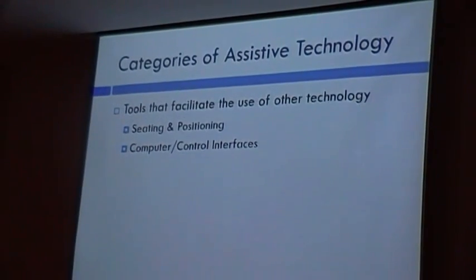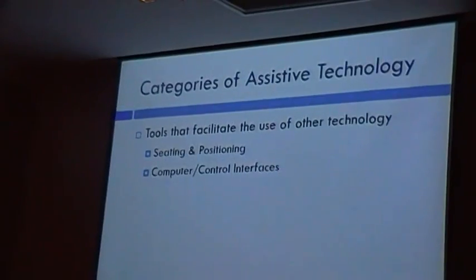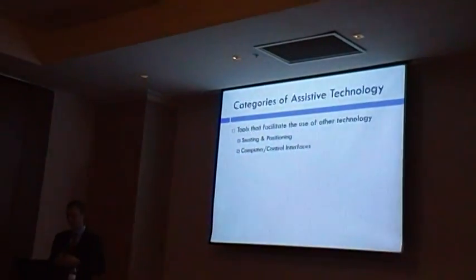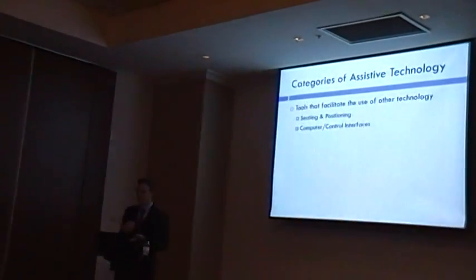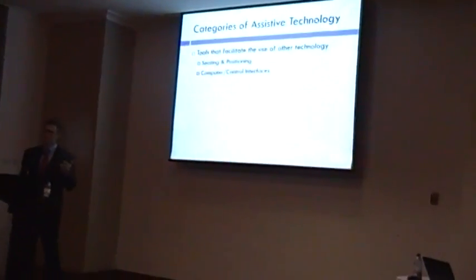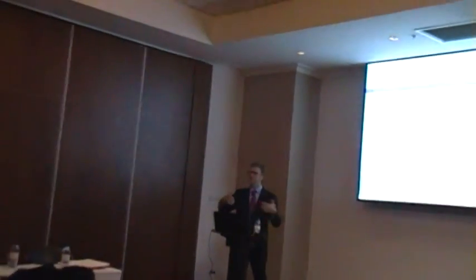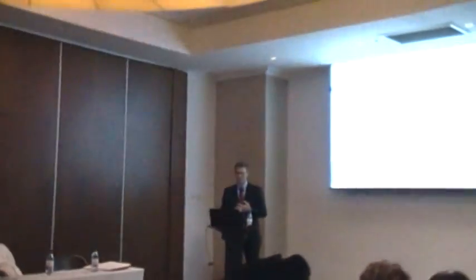And you can categorize assistive technology in a lot of different ways. I'm just going to briefly cover some of them, but there's no one single way to categorize, and we'll have to think about how to do that in our approach. You can think about tools that facilitate the use of other technology. So seating and positioning is a good example. How an individual is seated and positioned in a wheelchair facilitates their ability to use that wheelchair and to use other devices like computers because it positions them in a way that's appropriate.